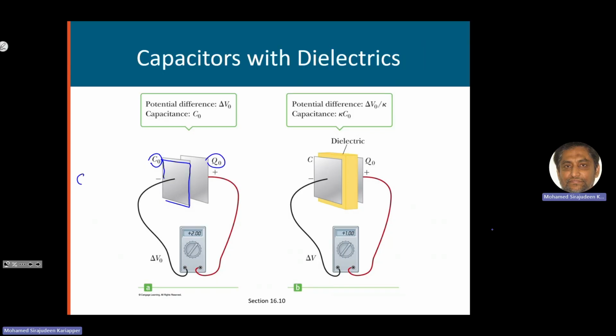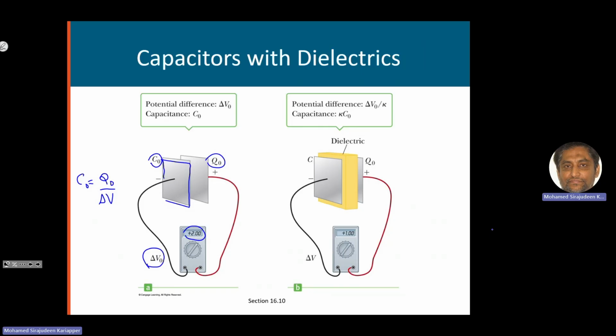So you know C0 by definition is the amount of charge divided by the voltage across the plates. So we can use a voltmeter to measure the voltage. Let's say it records 2 volts between the capacitor plates. The charge on the plates is Q0, and the potential difference between the plates is delta V.